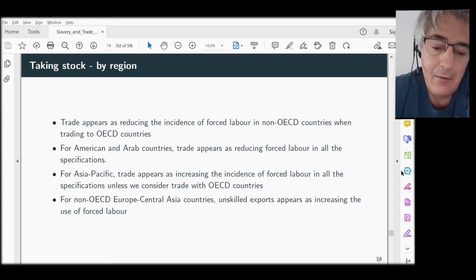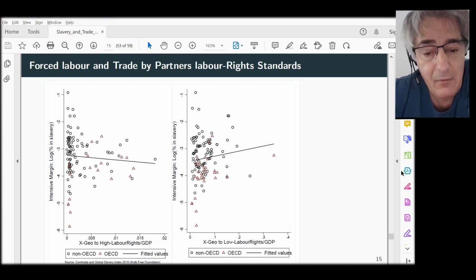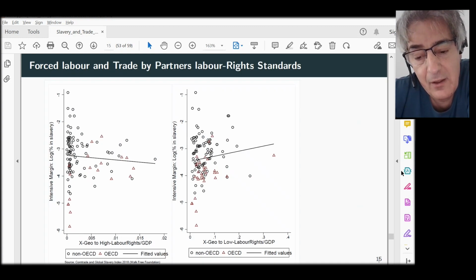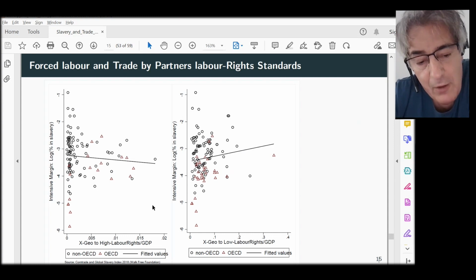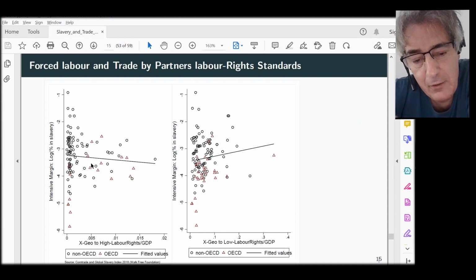Well, let's try to see something behind this that is common, and this seems to be the labor standards of the trading partners. So when you're considering countries with high labor rights, engaging in trade with these countries, no matter whether they are part of the OECD or not, trade is reducing the use of forced labor.